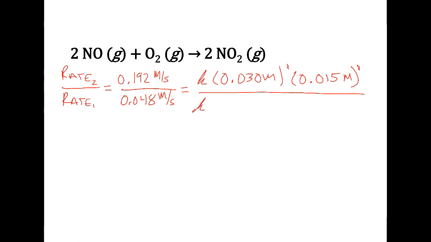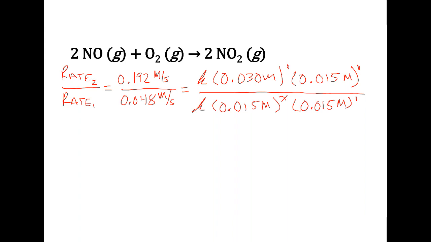And we'll have K, so that's from rate 1, so that's 0.015 molar to the X times 0.015 molar to the 1. So let's see what we can simplify.